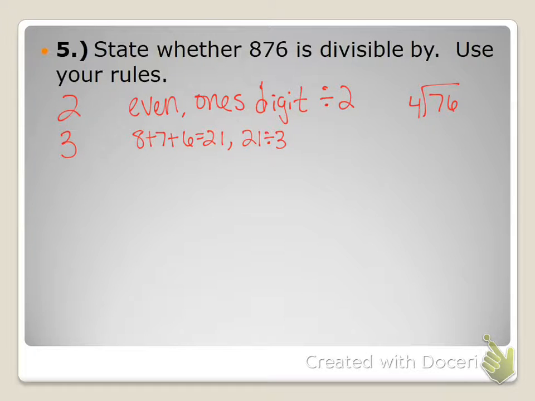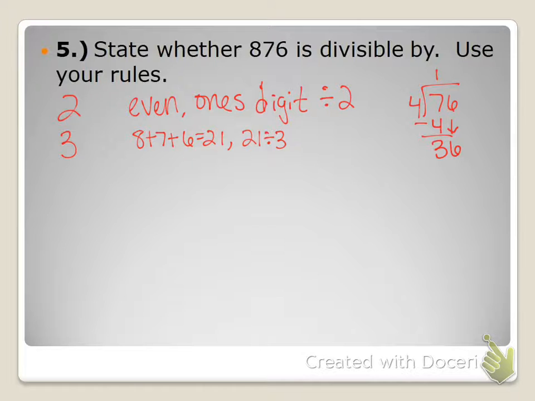Probably. So 4 goes into 7 how many times? Once. Subtract, you get 3. Drop your 6. How many times does 4 go into 36?